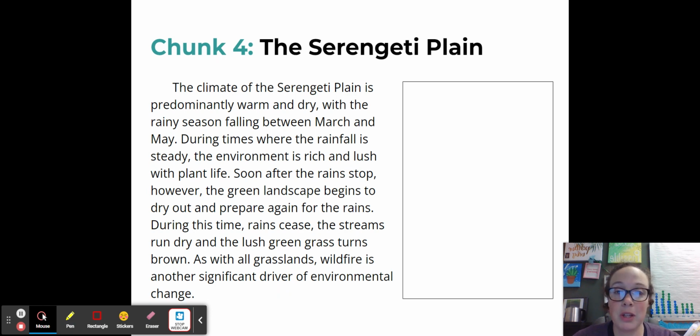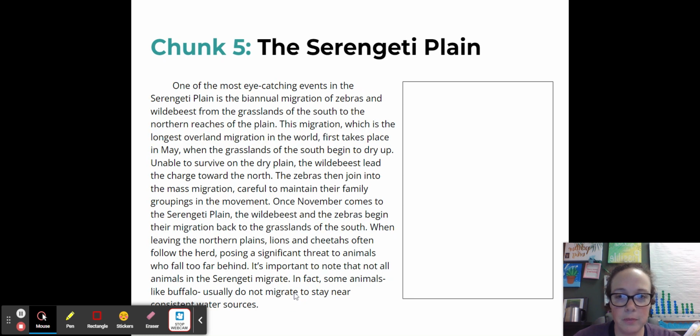Chunk 4, talking about the climate, the rainy season versus the dry season, and some other factors that go in with that abiotic factor of rainfall and precipitation. In chunk 5, we're talking about migration, the movement of those large herbivores north and south, and also the predators as well.